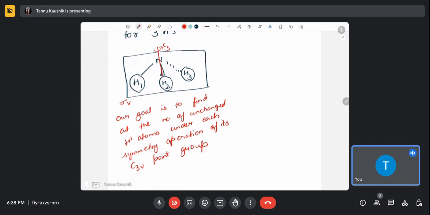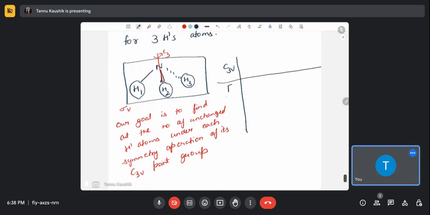Basically we have to find the reducible representation for the number of unchanged hydrogen atoms as the basis: E, 2C3, 3 sigma v.